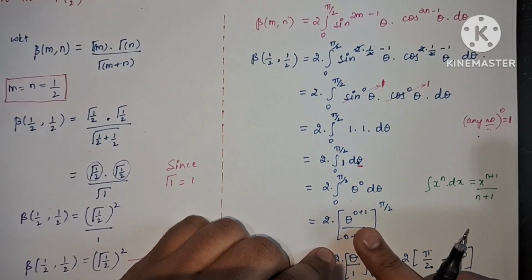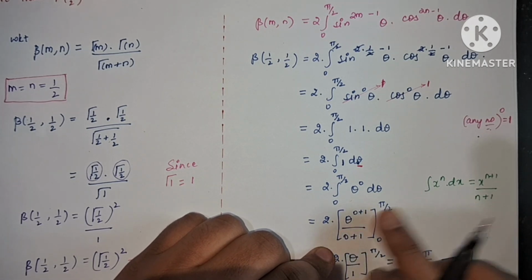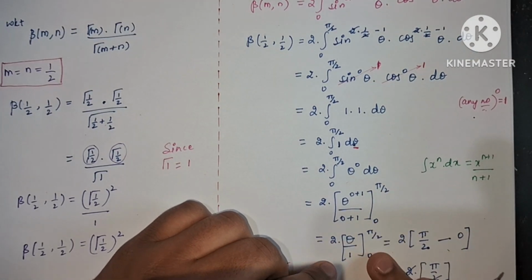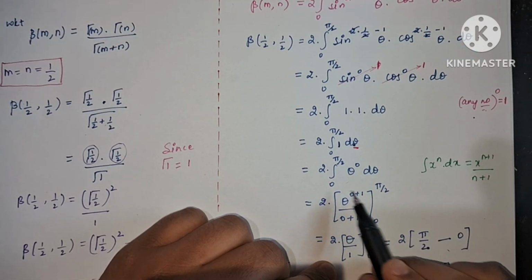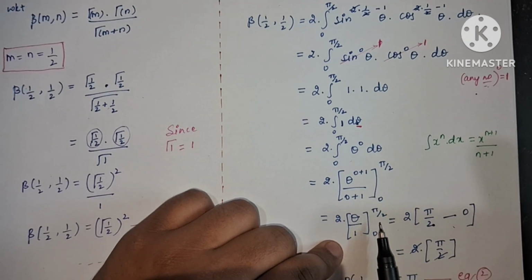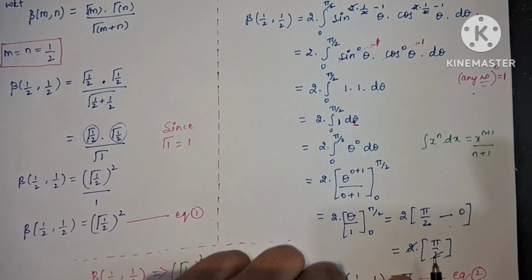Next, I am applying this formula. In the position of n, substitute 0, and in the position of x, take theta. That's it. After that, we do some simplification, then substitute the limits. First you take the upper limit, then minus the lower limit. So this is what is given here.